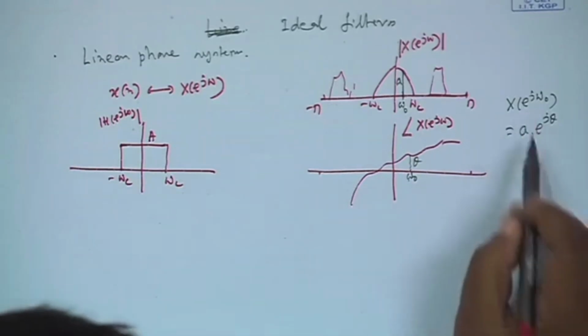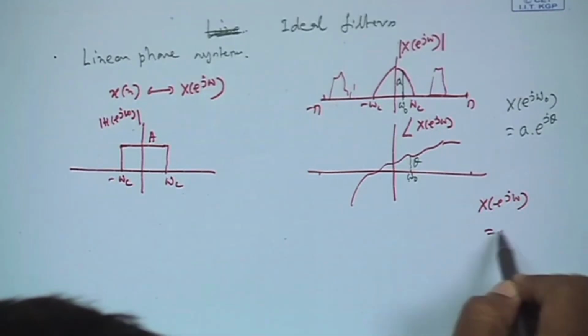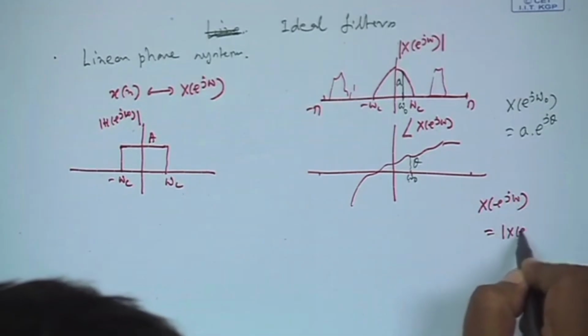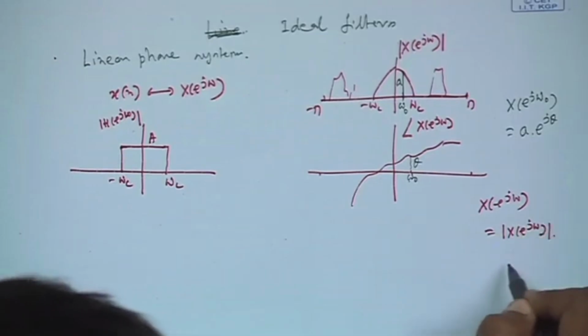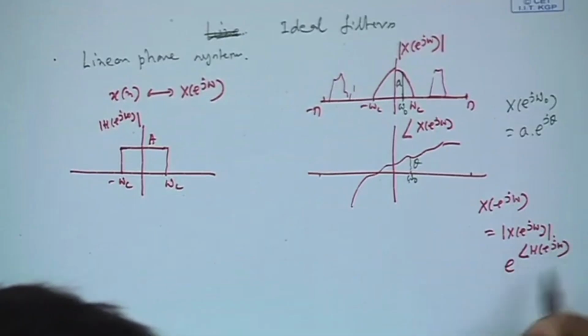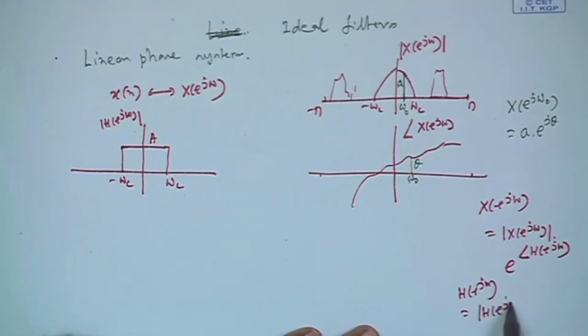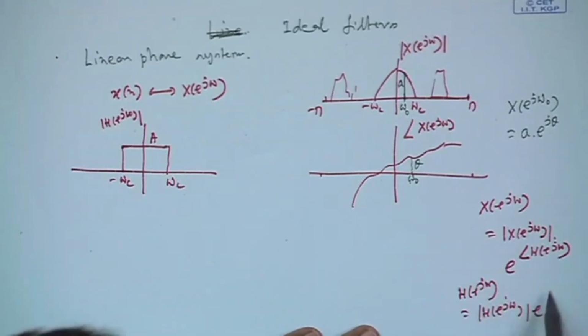Because this is what this is, x e to the power j omega is mod into e to the power angle. Same for h. H e to the power j omega is magnitude at any point times the corresponding angle.